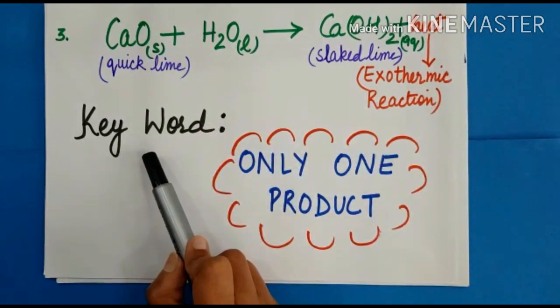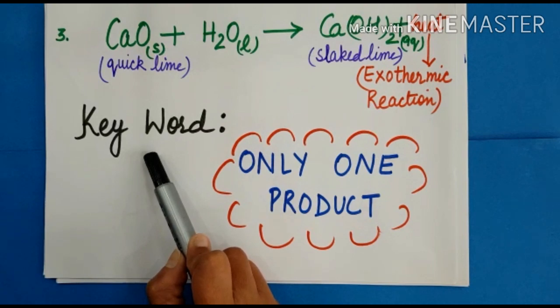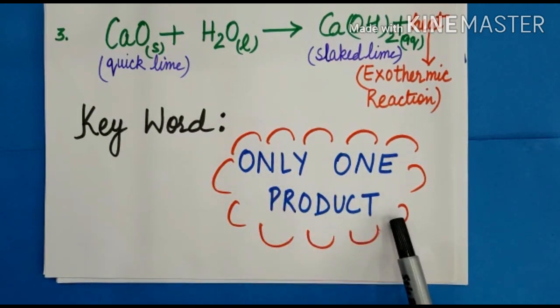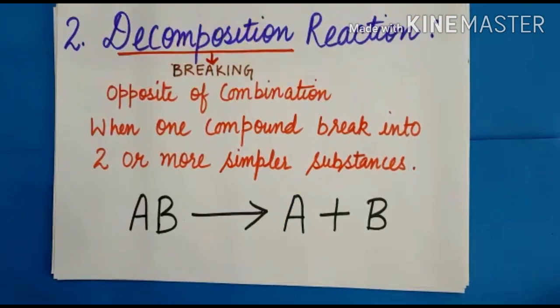So the keyword to identify a combination reaction among all the reactions is that only one product is formed. It should be one product on the product side.